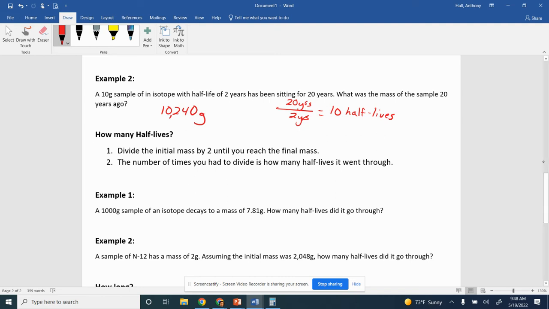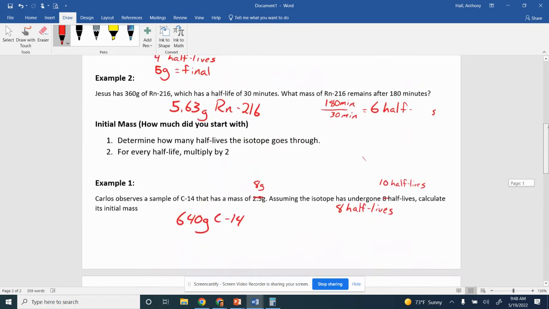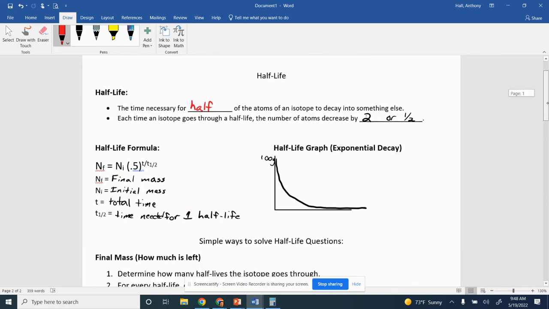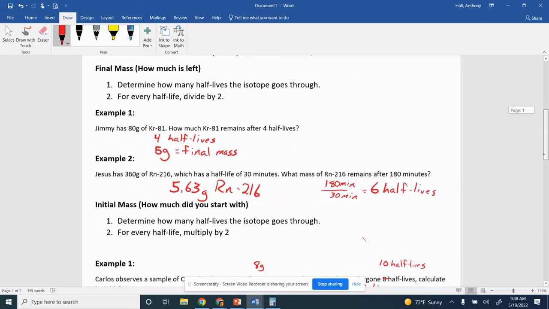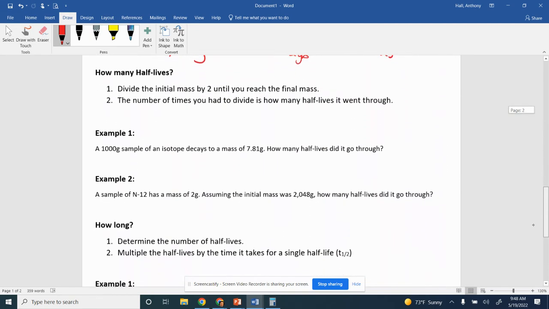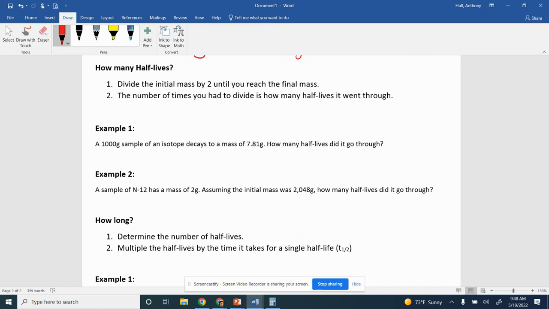Okay, so for the next two types, these are where it's with the formula, where things get difficult, but we're going to try to, again, not have to deal with exponents. So let's come down and see what I said to do. In this case, how many half-lives were there?